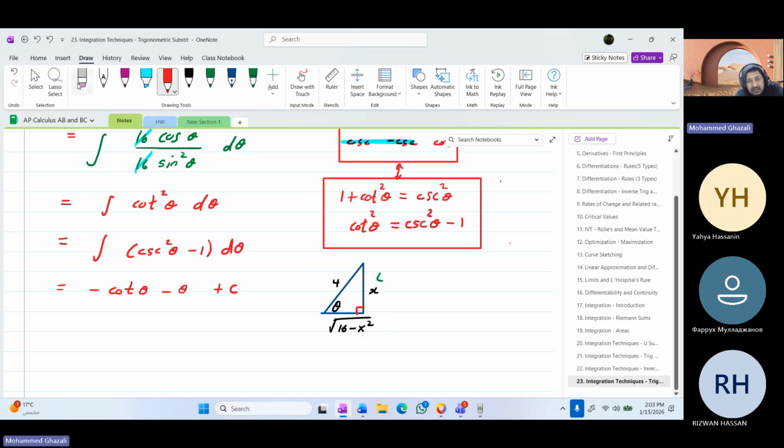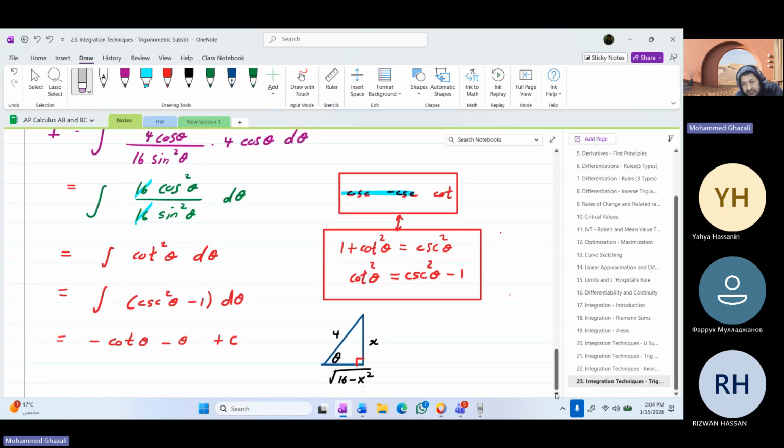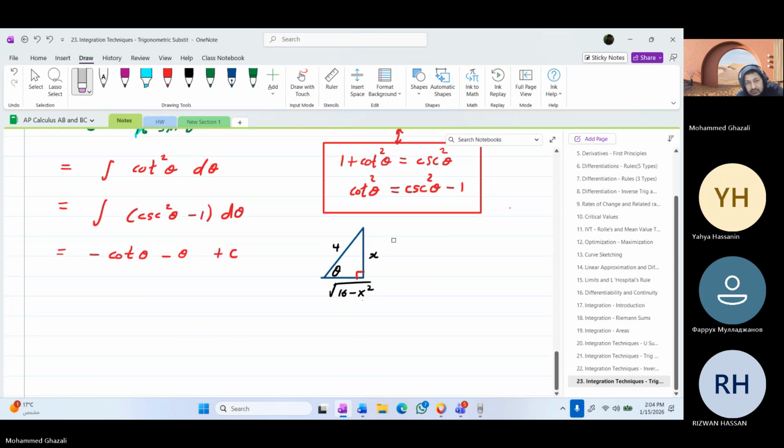Cot is adjacent over opposite, right? Not opposite over adjacent, that's tan, SOHCAHTOA. The adjacent is square root 16 minus x squared over x.